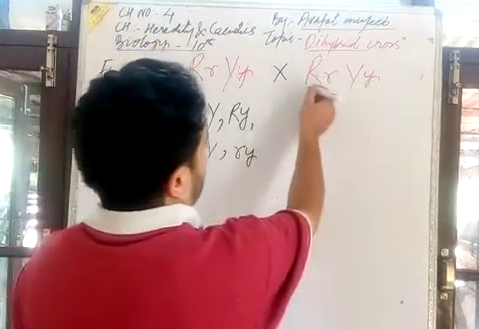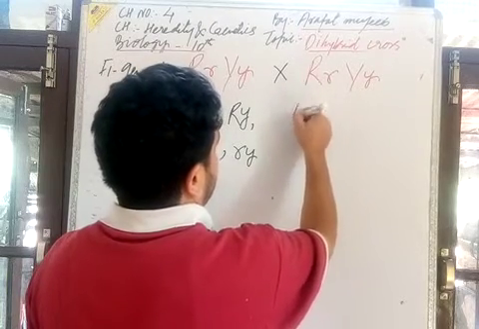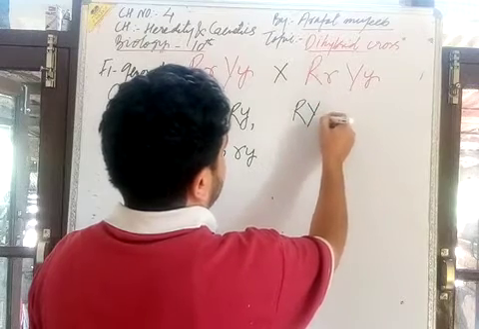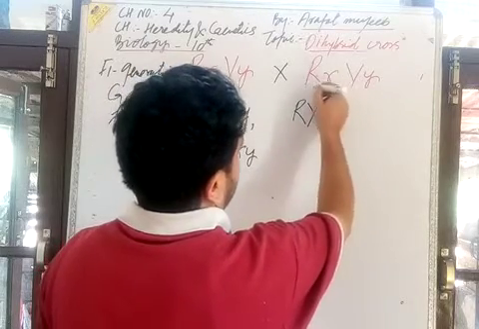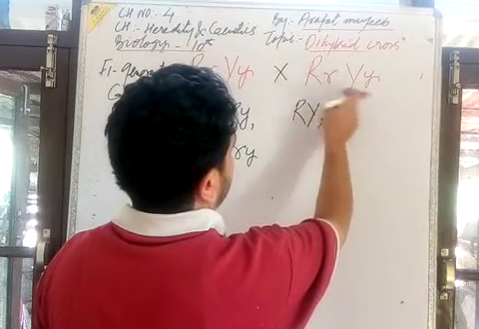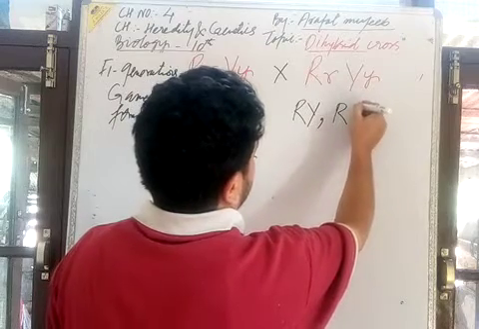Again in this, capital R, small y. Here we can see capital R, capital Y. Here with capital R, this will be the gamete formation first with this. Here is a combination of factors, with the haploid number.